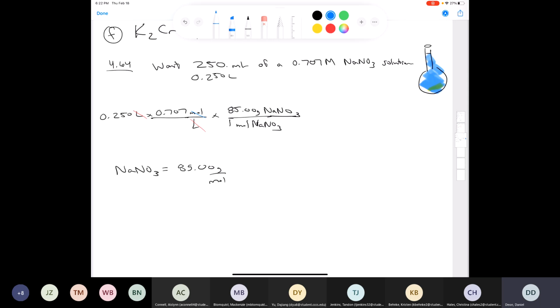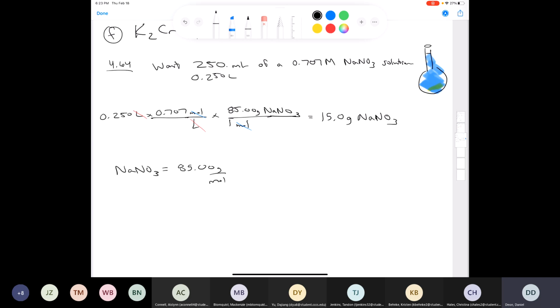Look at this. Moles cancel out, and I'm left over with the number of grams of sodium nitrate. And so when I punch all that into my calculator, I end up with 15.0 grams of sodium nitrate.